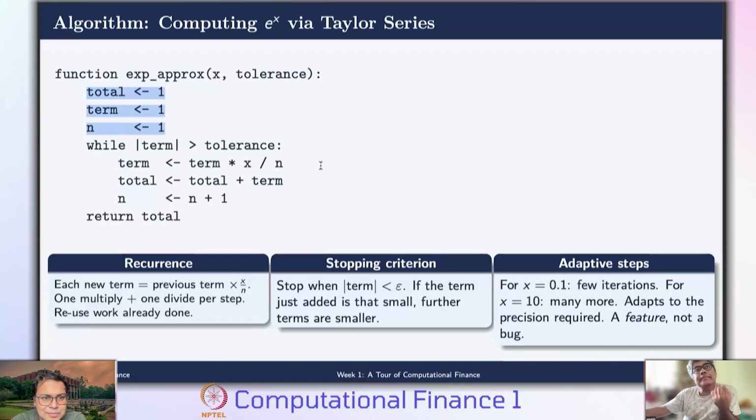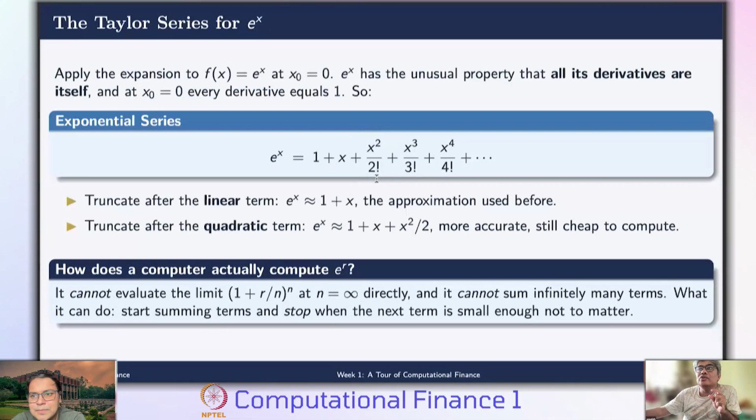One of the principles of good computational technique is if you already estimated something, you should not estimate it again. You already have x square by 2 factorial; just multiply by x by 3 and you get x cubed by 3 factorial. With the least amount of effort, you should be able to do the next level of computation. If you compute anything, you store it.